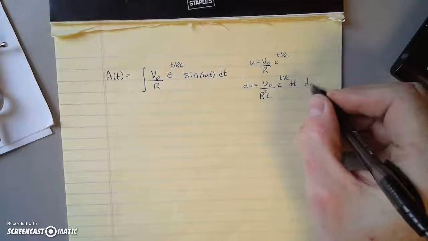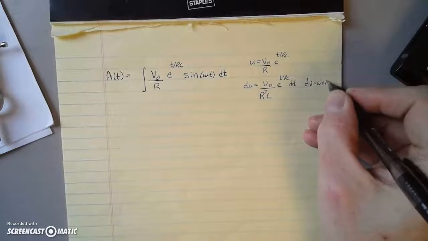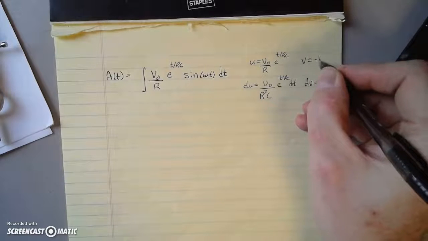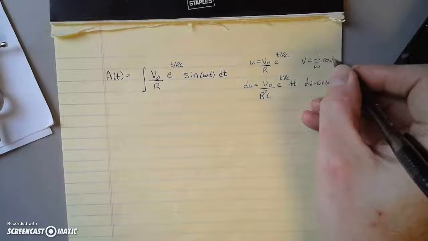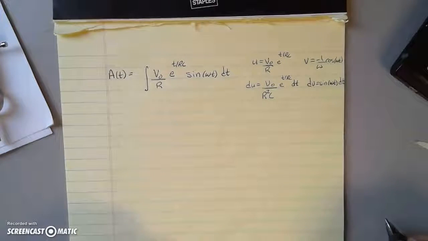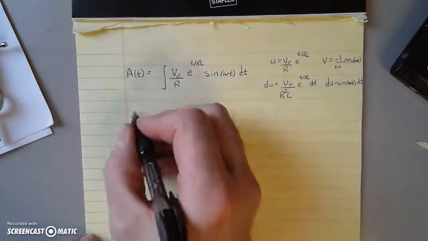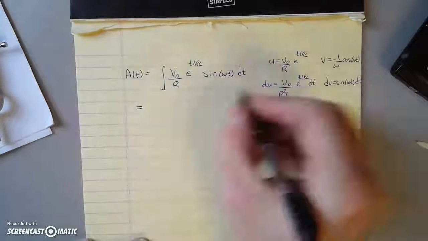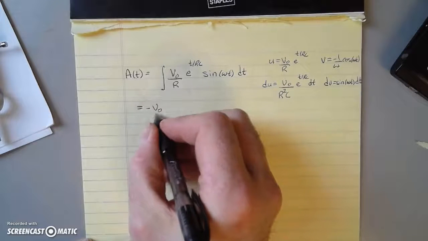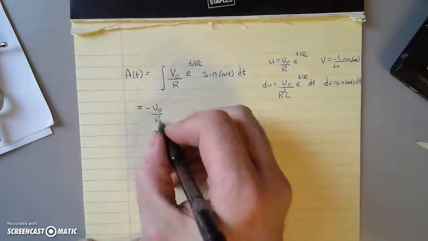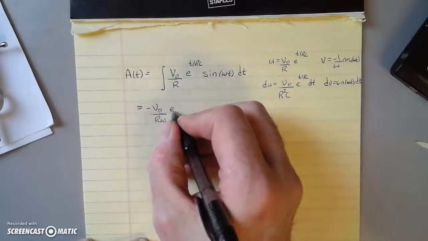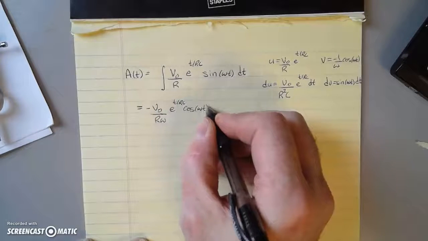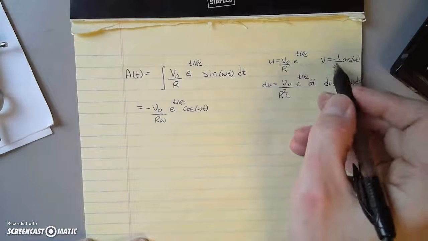Didn't leave myself enough room here. dv is going to be sine of omega t dt, so that v is minus 1 over omega cosine omega t. So putting that together, what we have is u times v, so that's minus v naught over R omega e to the t over RC cosine omega t, minus the integral of v du.